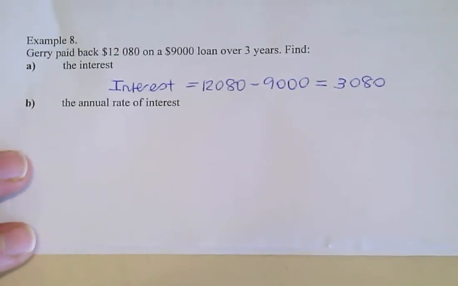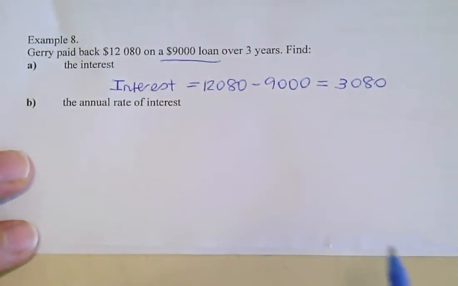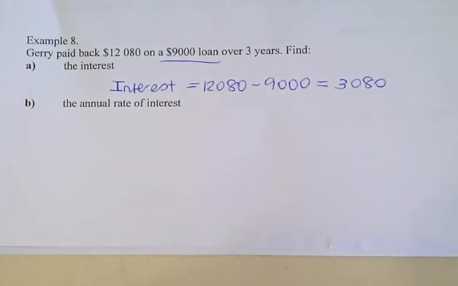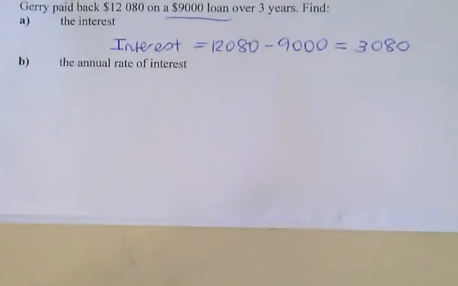You might think that's a lot of interest. Maybe the interest rate is fairly high. Even though this person borrowed $9,000 over 3 years, they're paying back $12,080 to the bank, so they've paid the $9,000 plus the extra, and anything extra that they pay is interest. So now we have to work out the annual interest rate.